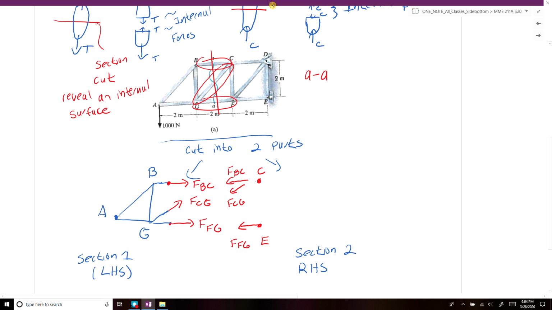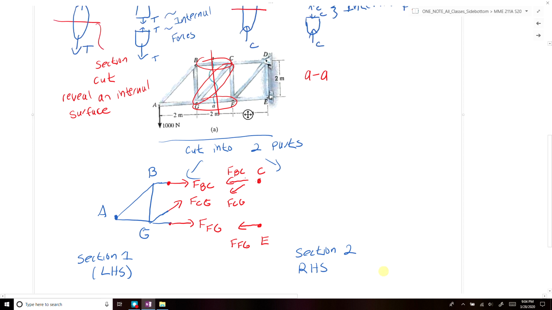The rest of the truss we can draw out just like on the left-hand side, and we still include all of our additional joints here.